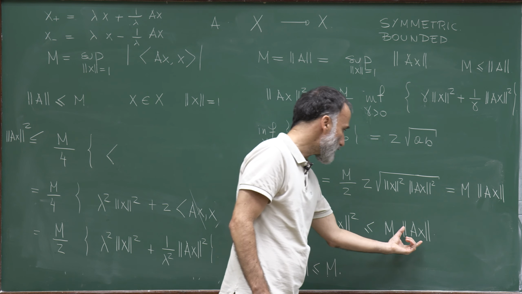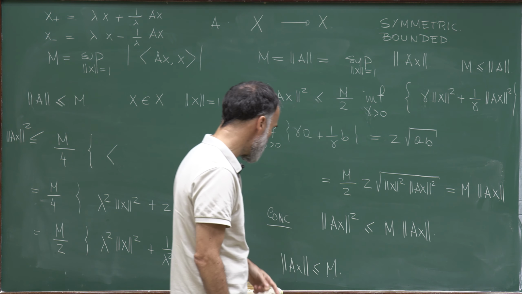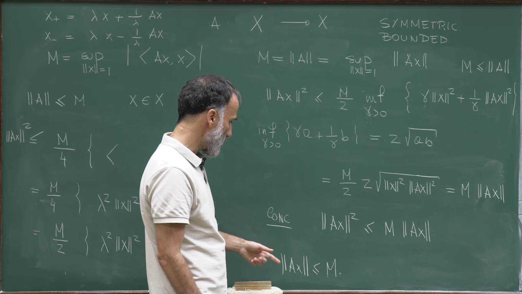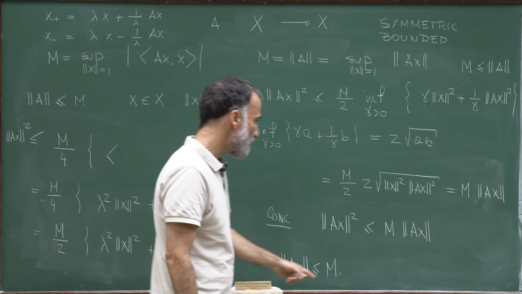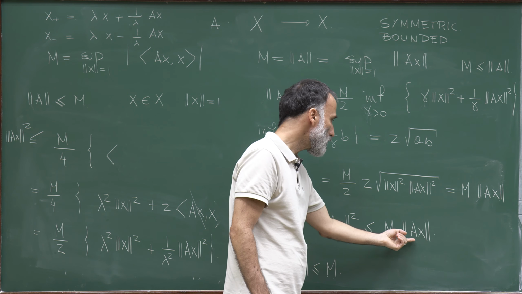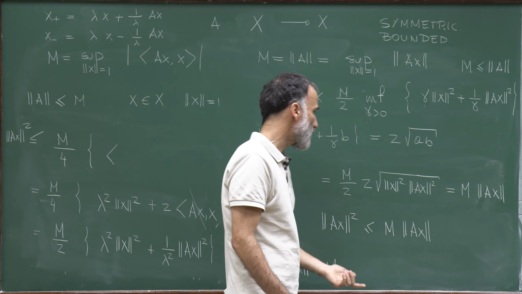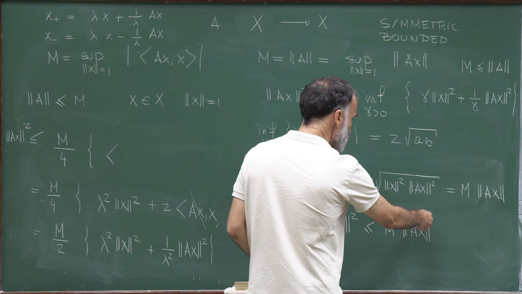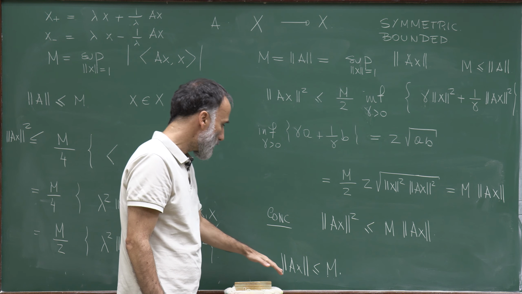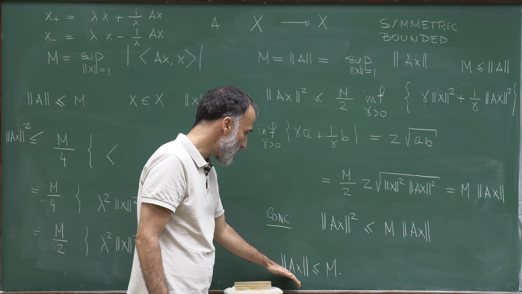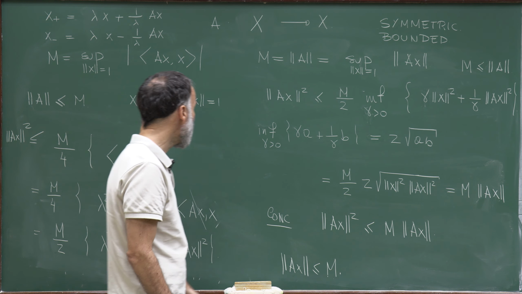Either the norm of ax is 0, in which case this inequality is trivially satisfied because m is non-negative, or ax is not 0, so the norm of ax is strictly positive, and therefore I can divide by the norm of ax and get that inequality. So in either case, I obtain that the norm of ax is bounded by m.